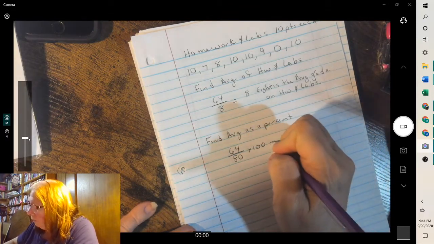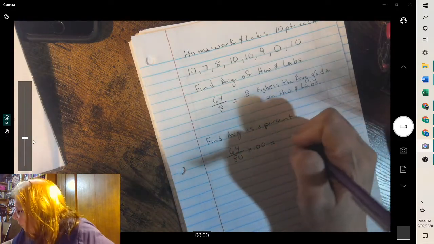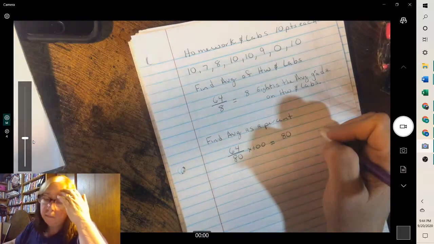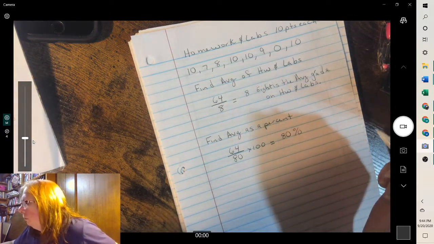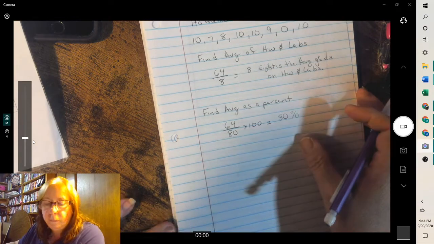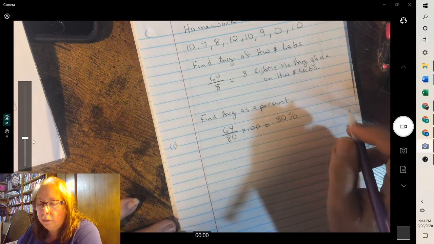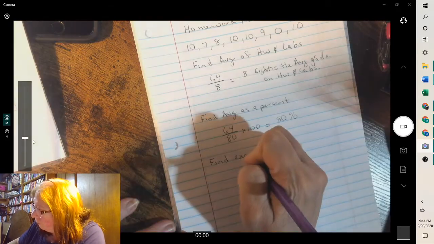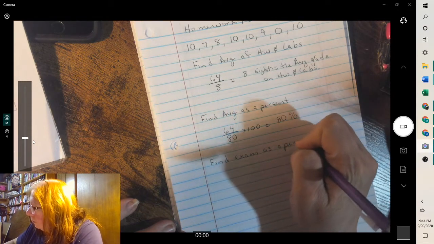And when we take this and divide by 80 and multiply by 100, we get 80. So the average percent was 80%. Find exam as a percent.